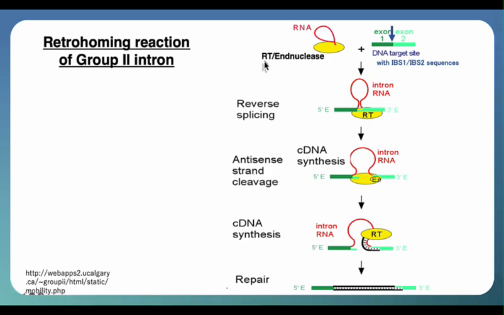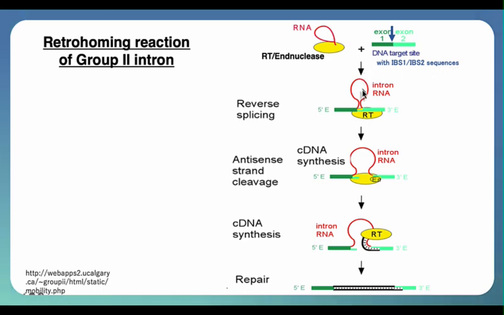The protein has reverse transcriptase activity and endonuclease activity in addition to RNA folding activity. The target DNA sequence of reverse splicing is formed by the linkage of IBS1 and IBS2 sequences. I will explain these sequences later.